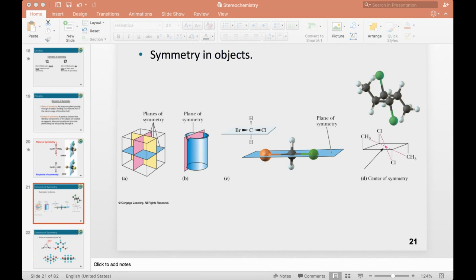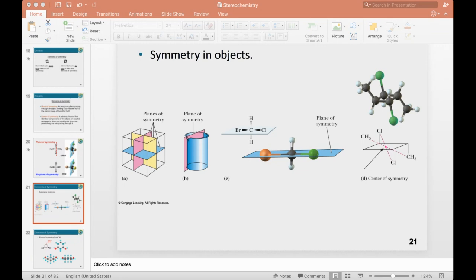But the idea here is, once again, now we can classify molecules into chiral and achiral. And the one thing for now that will help you decide which molecules are chiral and which are achiral will be elements of symmetry. And we will practice this more. So any molecule containing an element of symmetry, a plane or a point of symmetry, will be achiral.